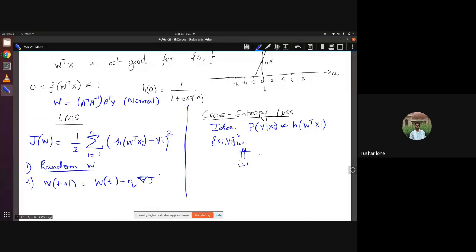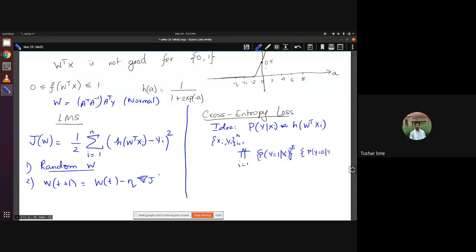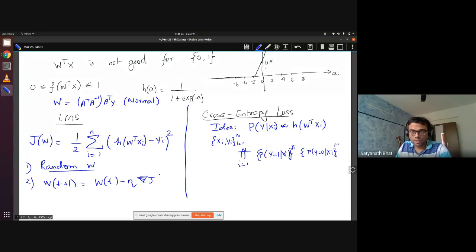Probability of y given xi. Probability of y equal to 1 given xi, that is h. Okay, this will come only if the yi is there, right? Do you remember this, Tushar? Is this making sense? Yes, sir. So 1 minus yi. Okay, so thank you, Tushar. Okay, so this is what is the likelihood.